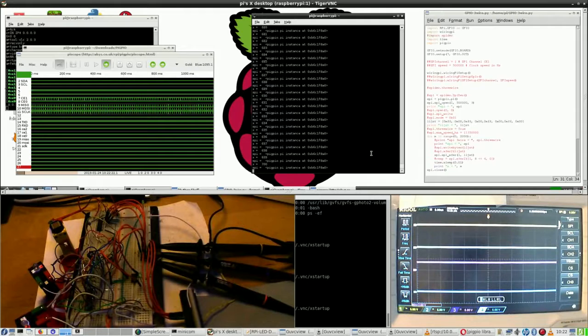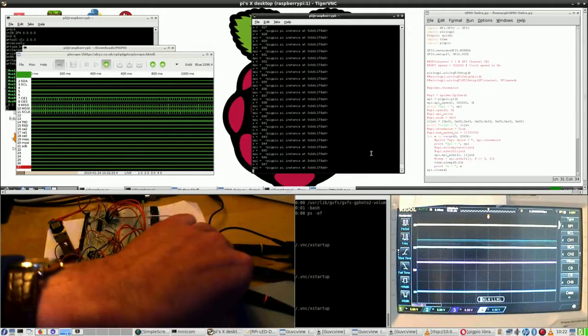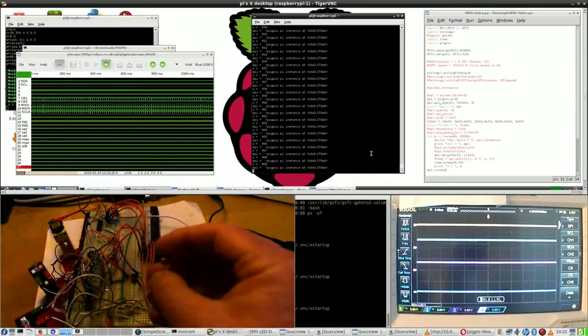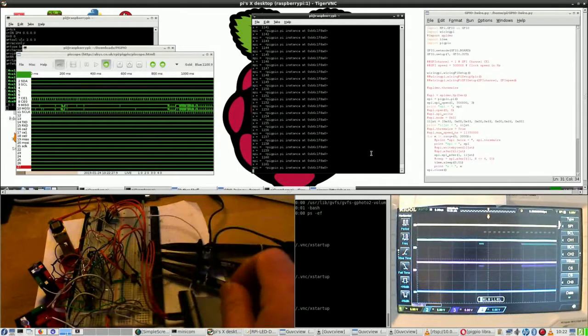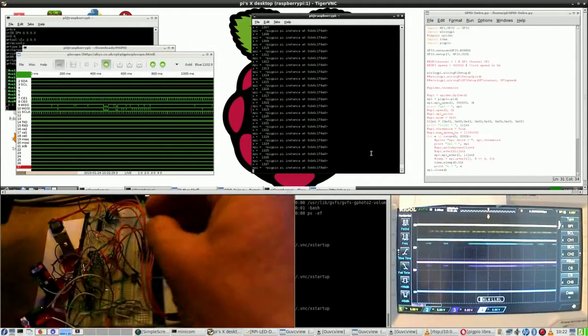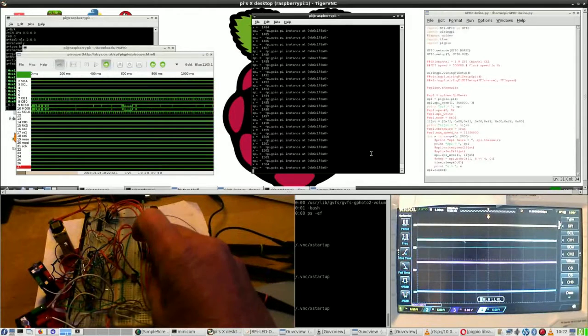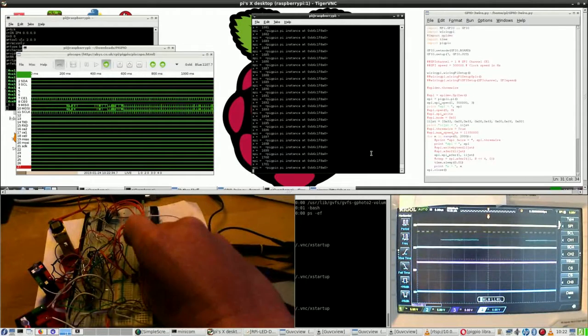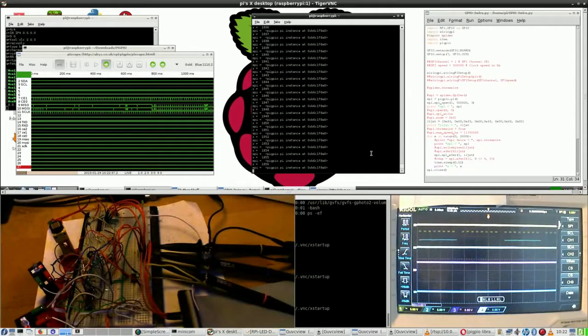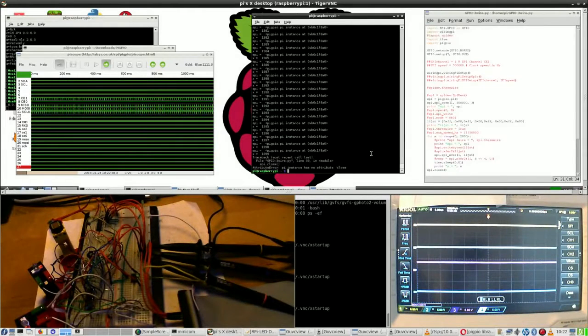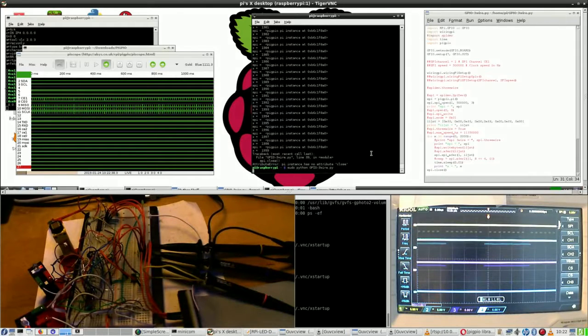And alright, I am missing a wire right here, so I have to put this wire also here, because I'm not quite sure which of the outputs of the chip is active. Let's do it again.